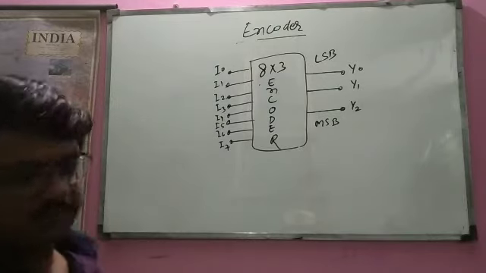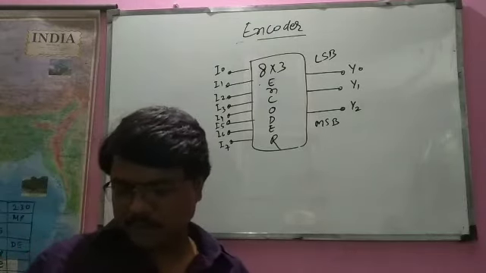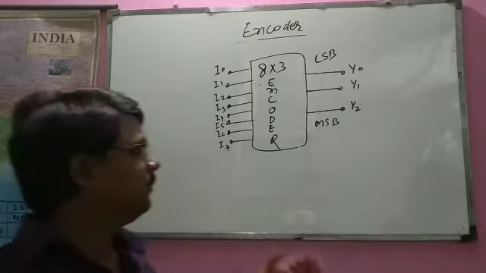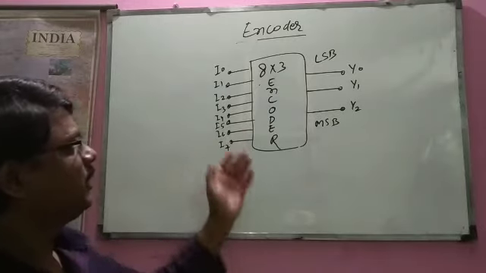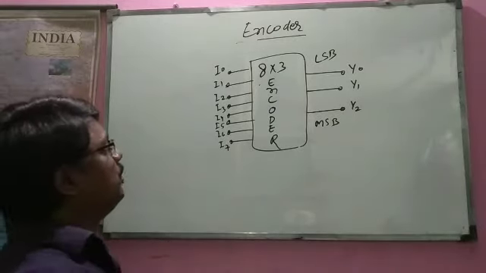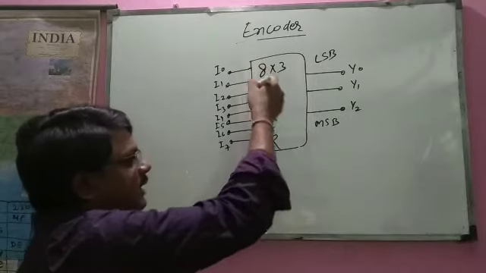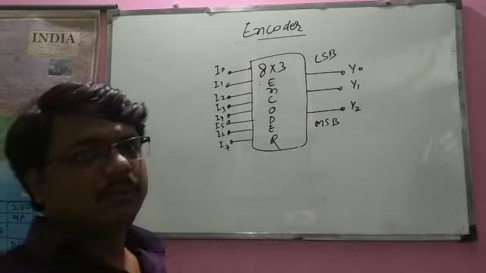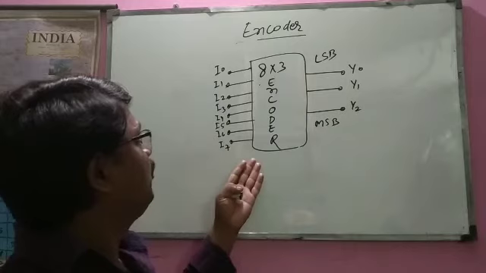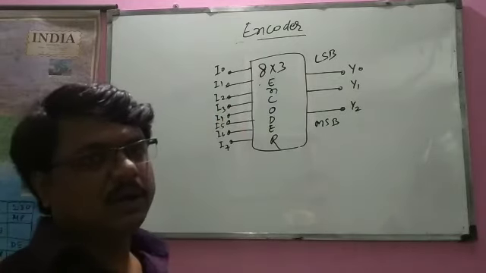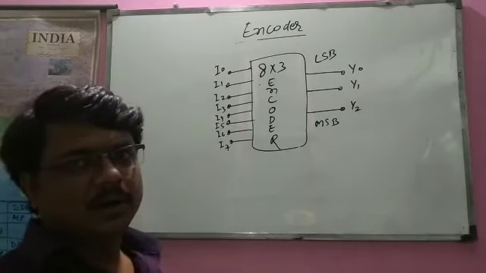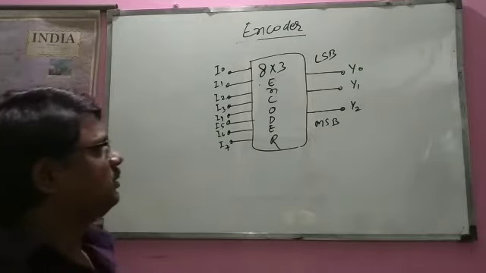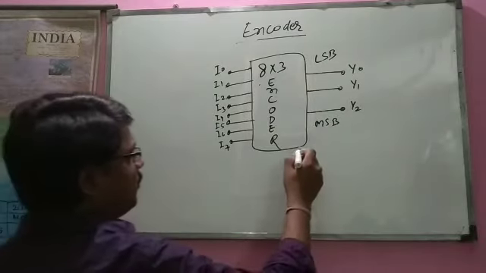So there are two types of encoder. One is the normal encoder. It is like this one, in which only one input is high at a time. But what will happen when two of the inputs are high at a time? Okay, so we'll see. First of all, watch this one.